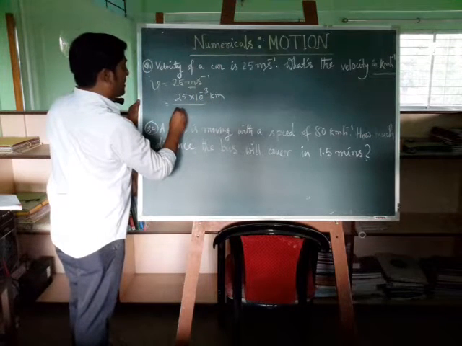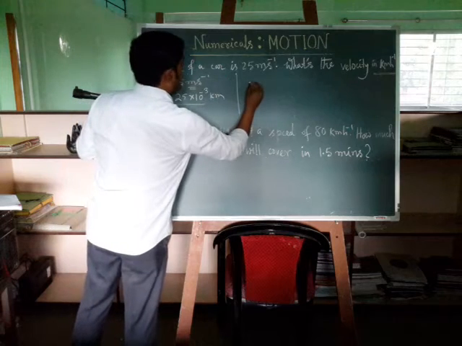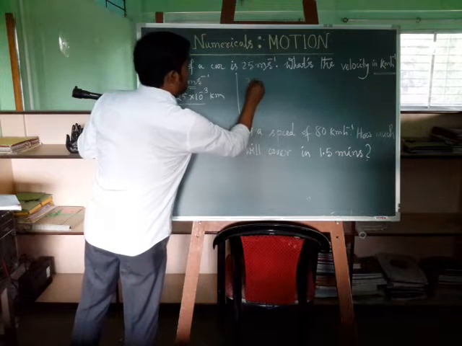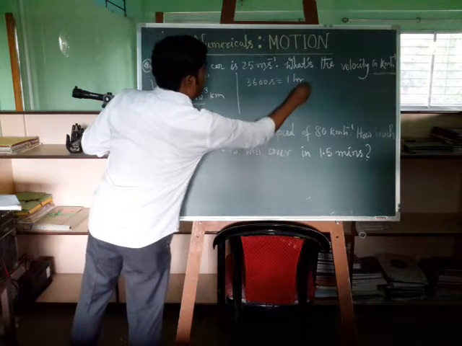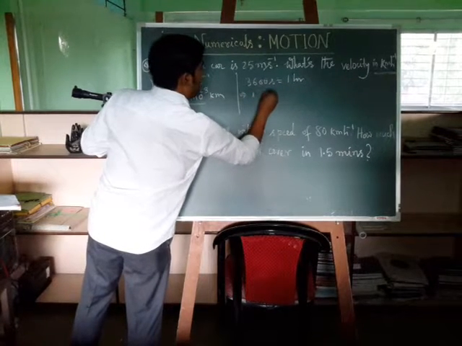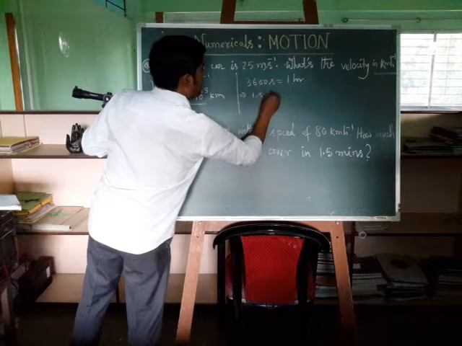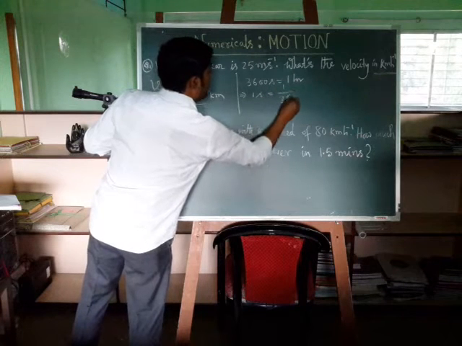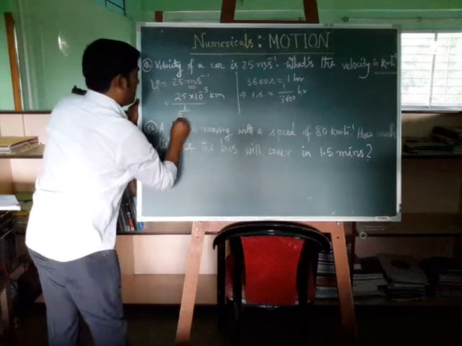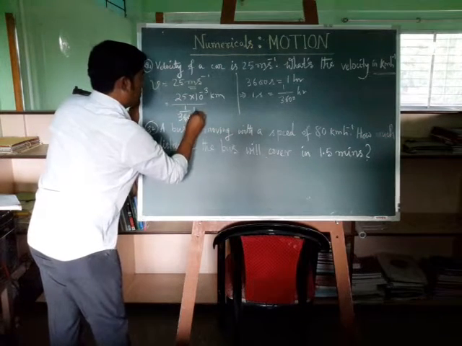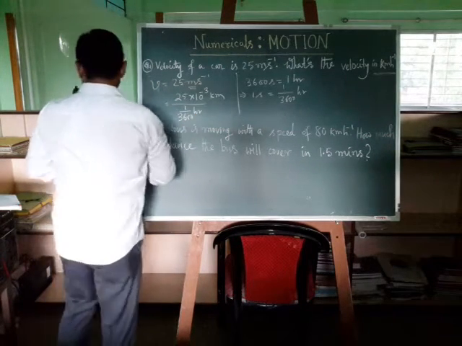And 1 second means, you know, how many hours? We know 3600 second is equal to 1 hour. So 1 second equals 1 by 3600 hour. So here we will have 1 by 3600 hour, and that's it.